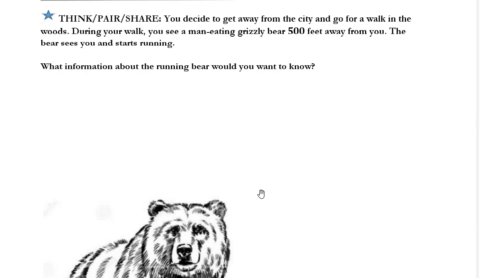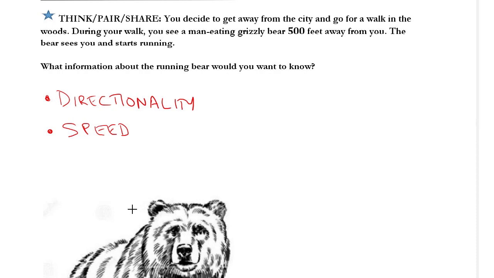There are many ways to answer this question. For me, the first piece of information I would want to know would be the direction that the bear is running, directionality. Is he running towards me or away from me? I would say that's important. The second thing I would want to know is the speed at which the bear is running.